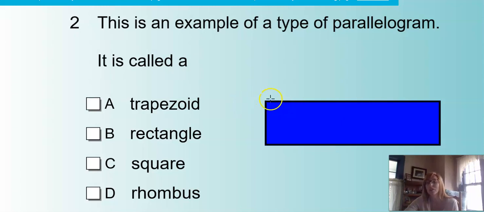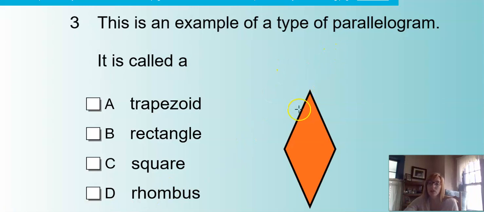If you look at this very specific parallelogram, you see the lines are parallel to each other and would never intersect on the sides. It's not a trapezoid, it is a rectangle. This is not a square, and it is not a rhombus. So the only one it could be would be your rectangle. Remember, a square can be a rectangle, but a rectangle could not be a square.